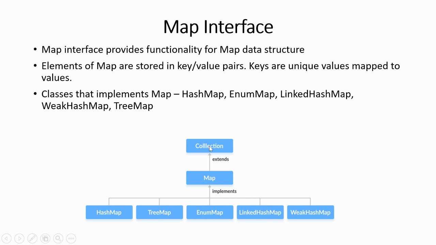In all of these interfaces, Collection is the root, or rather the mother of all. The Collection interface sits at the top, then we have the various interfaces, and then the data structure classes that implement these interfaces.